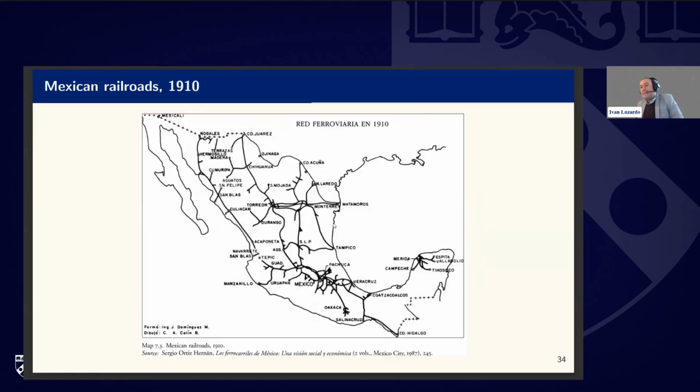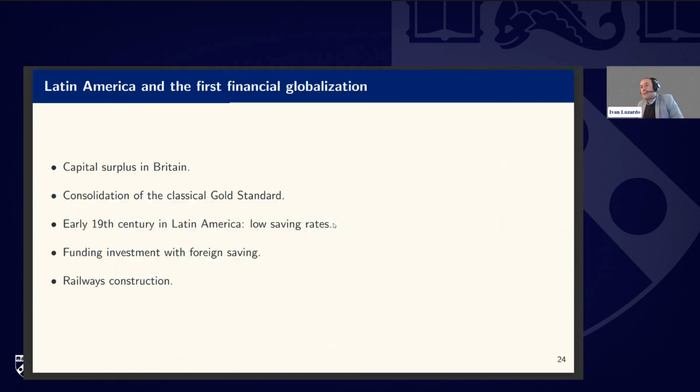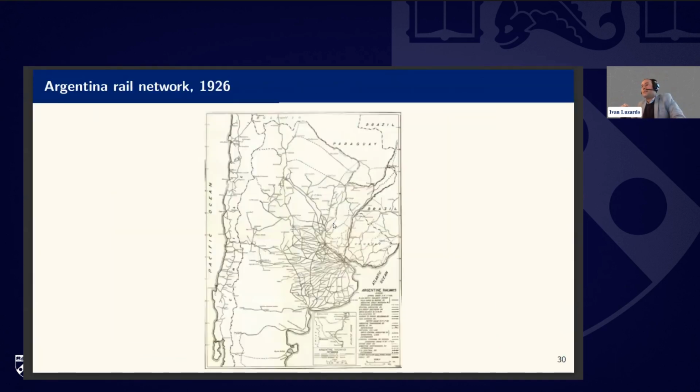We mentioned at the beginning that the demand for credit was particularly large in the case of Latin America because these countries had no proper financial sector, so they had very low saving rates in the early 19th century. And we will see that a byproduct of this integration into the world economy via capital markets will also lead to the rise of their domestic financial sector.